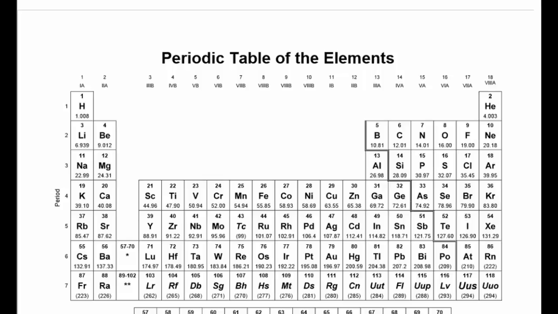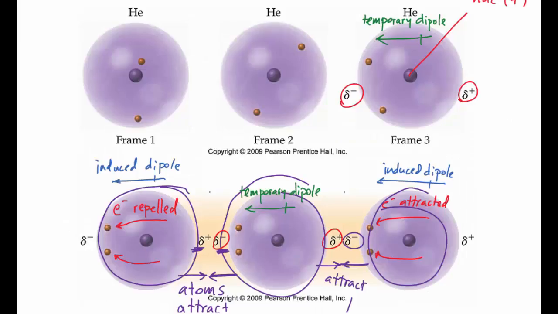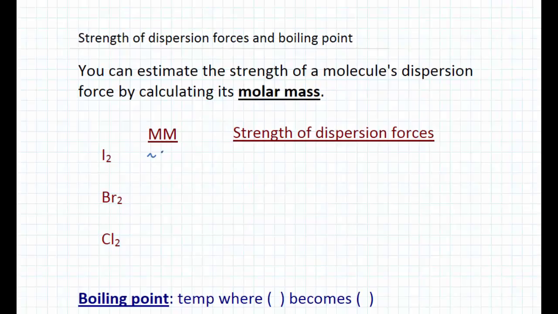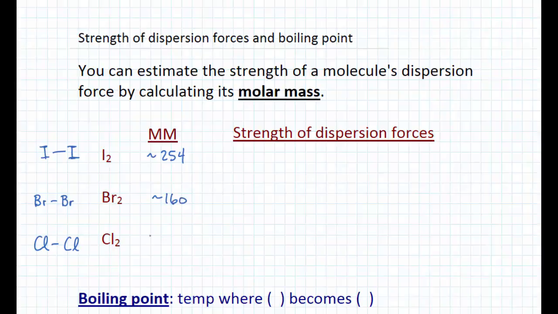So let's just do 254 right here. Let's say approximately 254. But remember, it's I2 because diatomic molecules have 2 atoms covalently bonded together, right? Br2, Cl2. Okay. So 254, 160, 70.